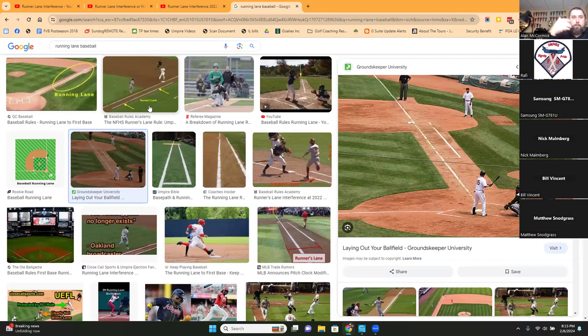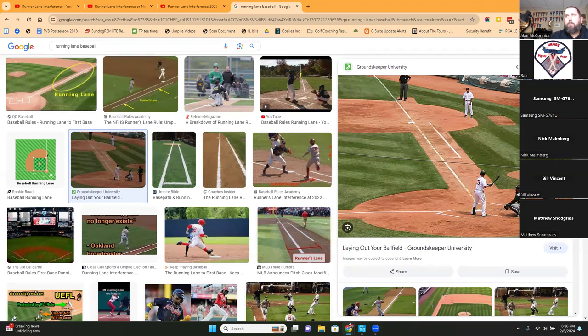Because that is the home plate umpire's call all day. The base umpire, especially with runners on base, has no vantage point at all on that. Even in A, they're getting an angle for the play more than they are getting an angle for the running lane. So it's the plate umpire's call all day on this one.